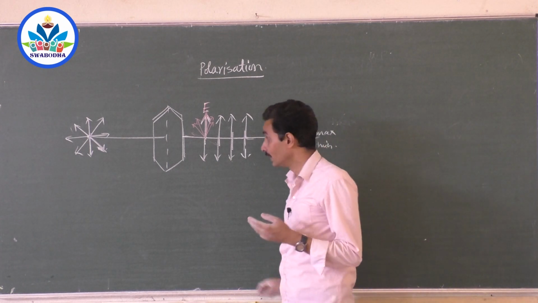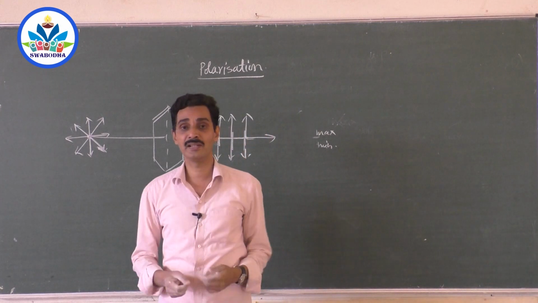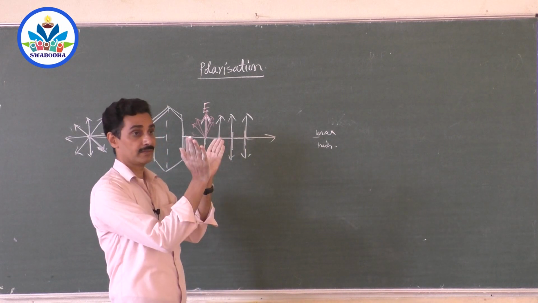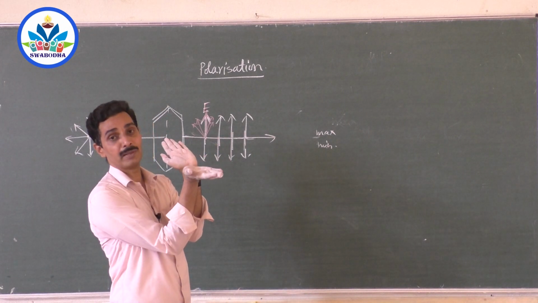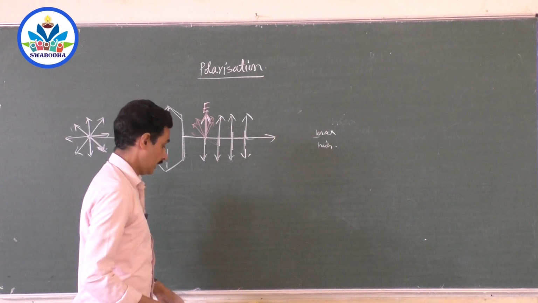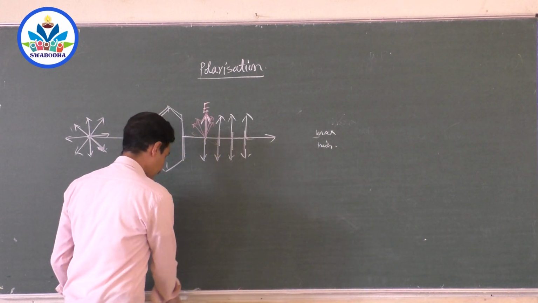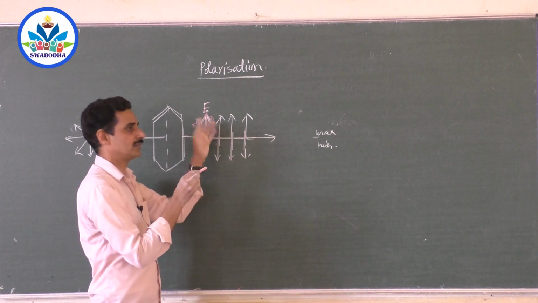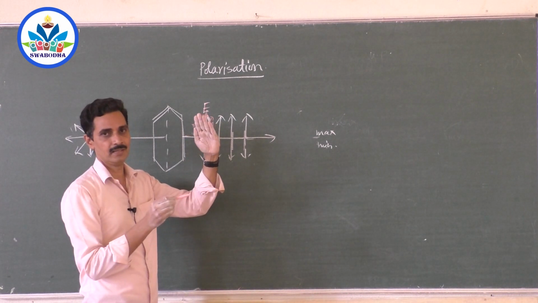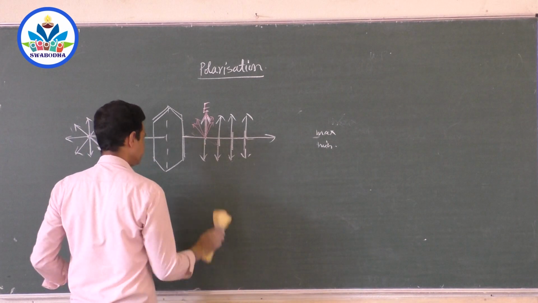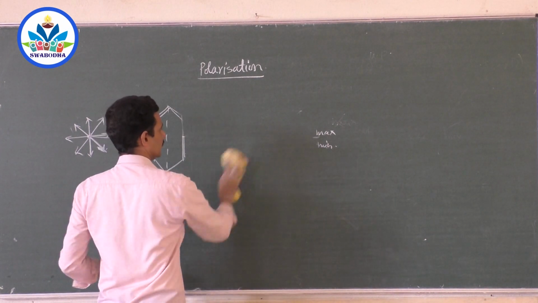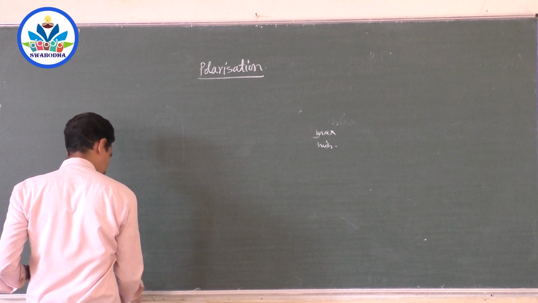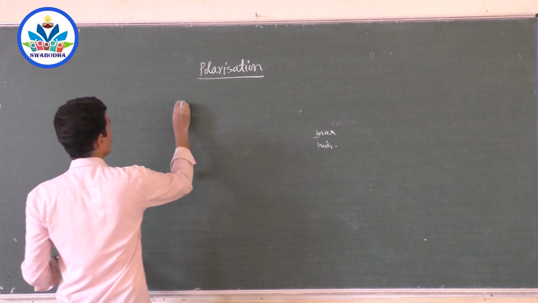So this electric field is the representation of many components, and all those components should lie very close to the electric field, and no component lies perpendicular. Not possible. Suppose a component of this electric field exists here, it means this is not the resultant. Resultant should be somewhere else. You can't have that. Okay, that is about the intensity becoming maximum and minimum. And here I want to give you a law called Malus law.